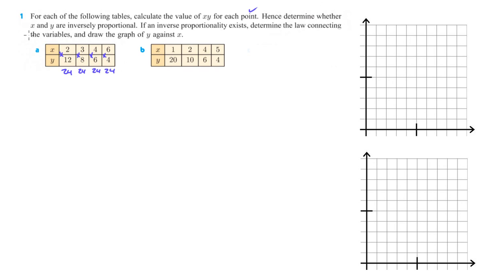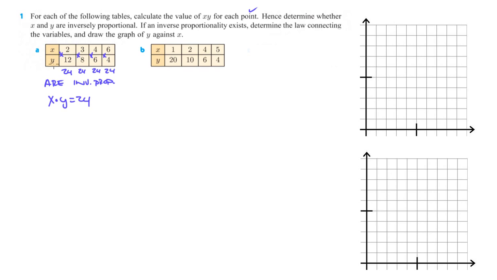Hence, determine whether x and y are inversely proportional. Since the x times the y equals the same thing on each one, they are inversely proportional. Okay, and then if an inverse proportionality exists, determine the law connecting the variables and draw the graph of y against x. So we know that x times y equals 24, right?